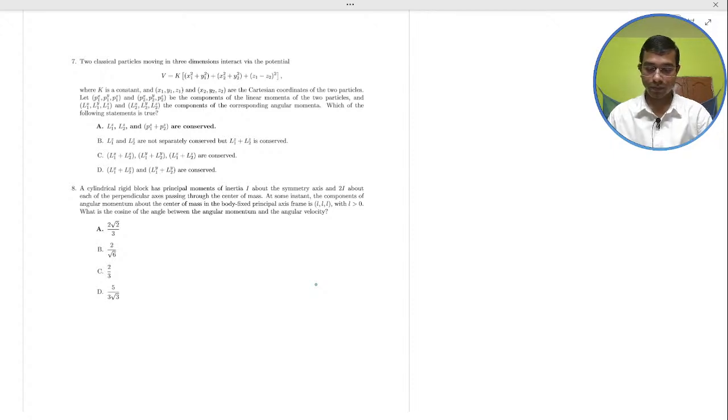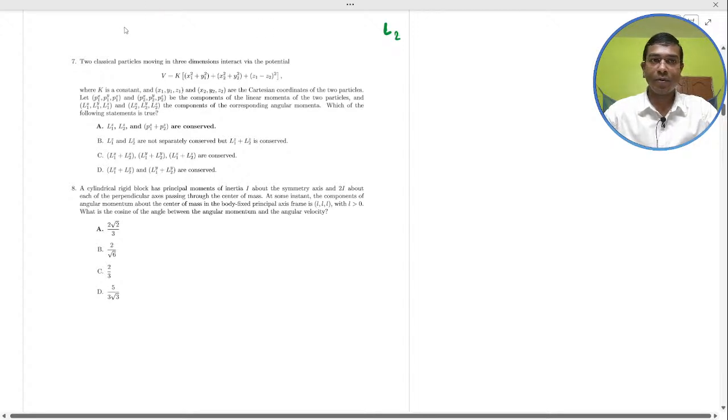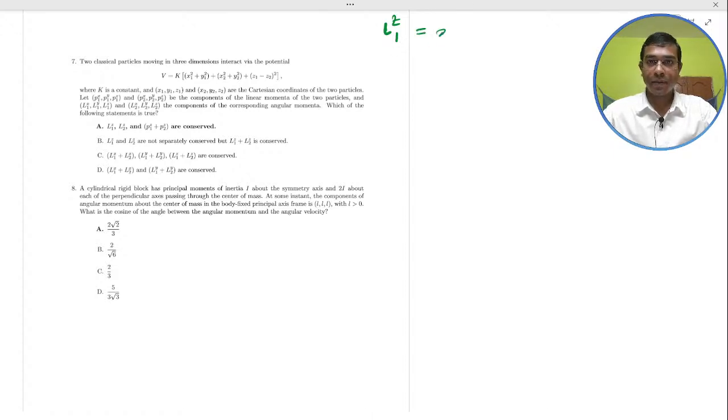So here, the momentum of z component. Momentum of z component means the Lz. Sorry, angular momentum of first particle L1 with the z component. This is x py, means x1 p y1 minus y1 p x1.